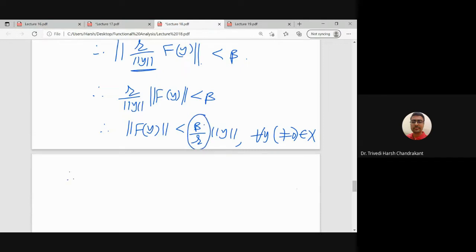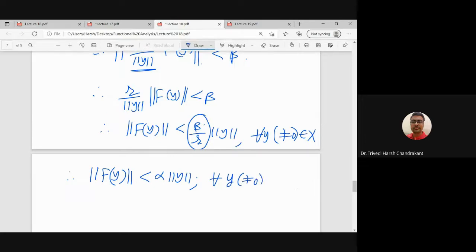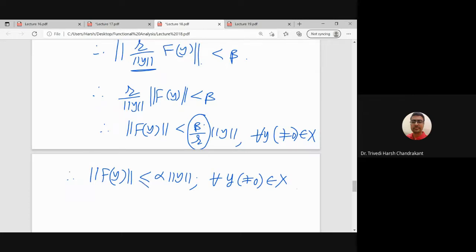So therefore norm of fy is less than alpha times norm y for all non-zero y belonging to X. And in fact, if we take y equals to 0 and allow less than or equals to, we can write this for every y in X, because f of 0 is 0. So this holds, where alpha is beta divided by r.